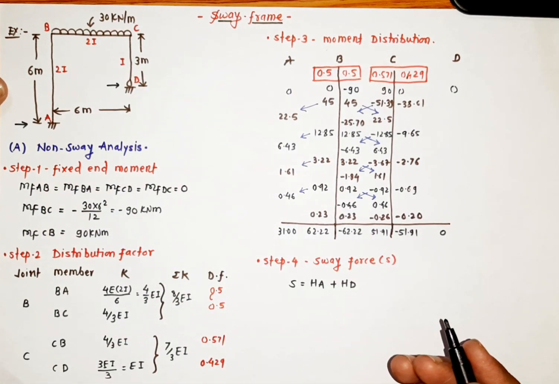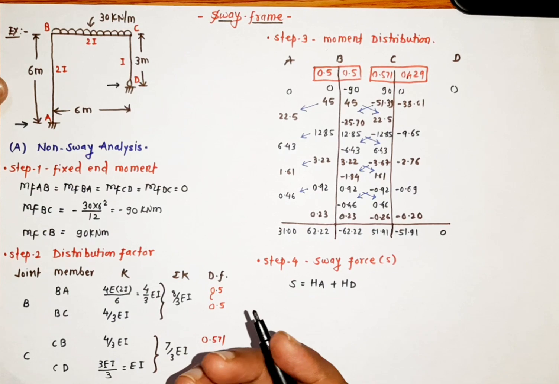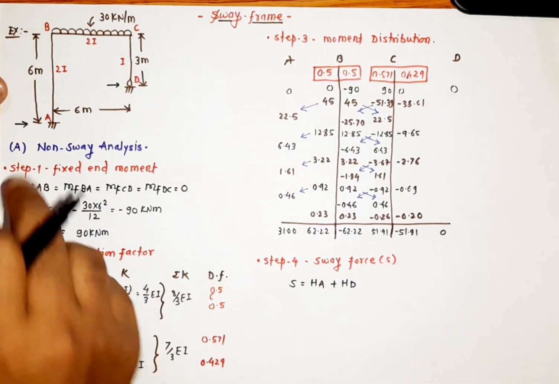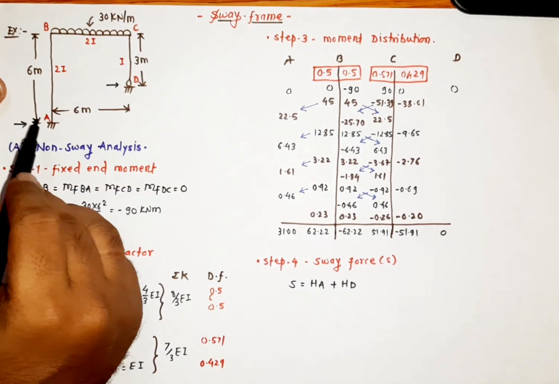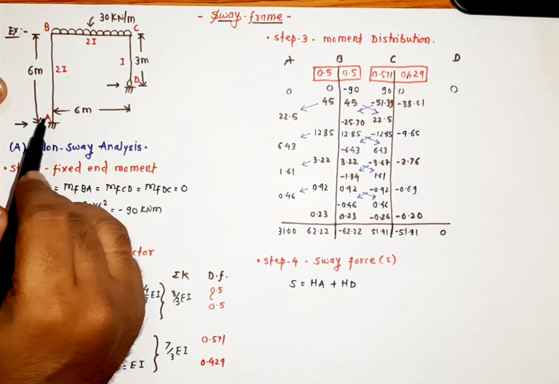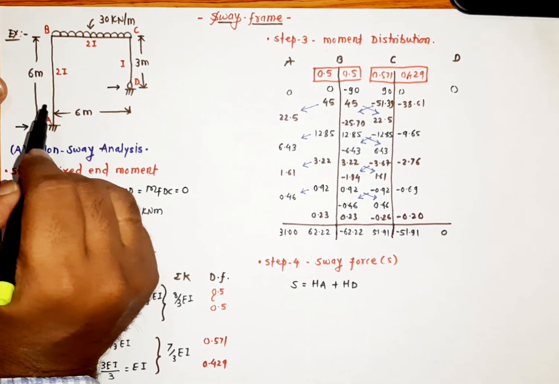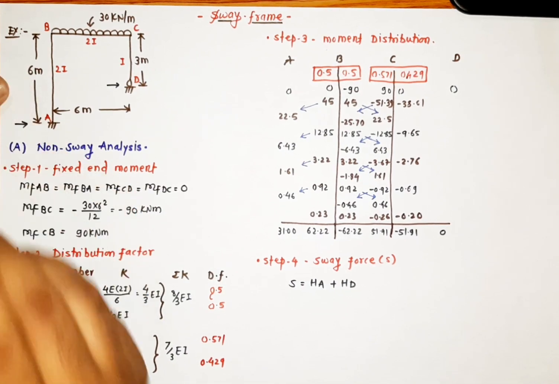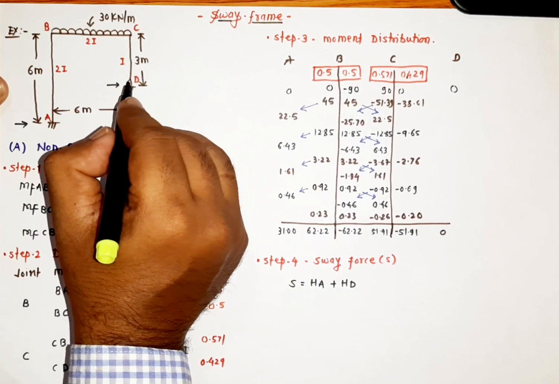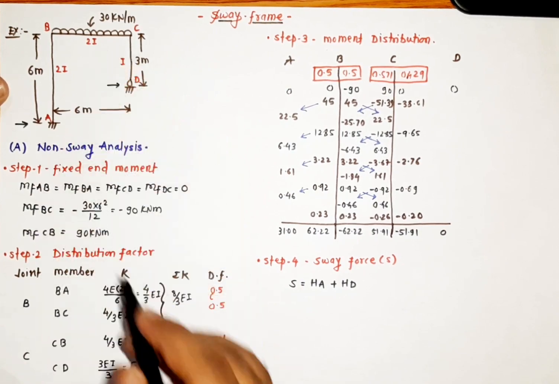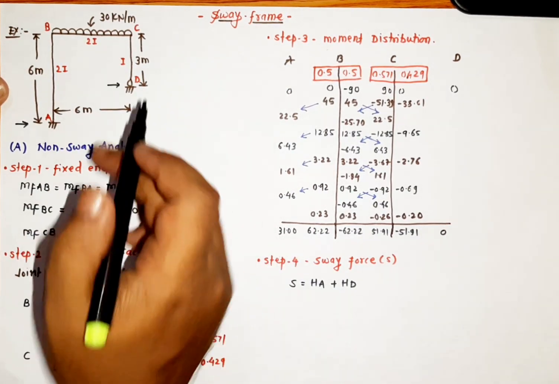How to calculate HA and HD? It's a very simple formula: the addition of the moment at A and moment at B divided by its height. Similarly for HD also, moment at D plus moment at C divided by its height, that is 3, we'll get an answer.